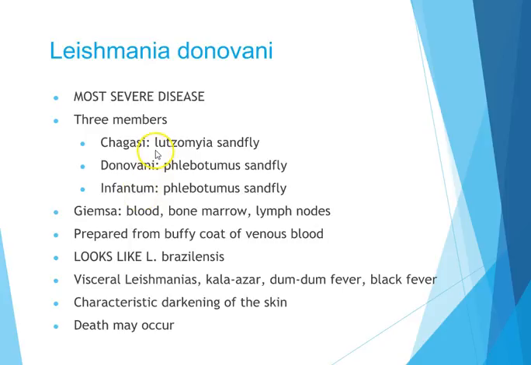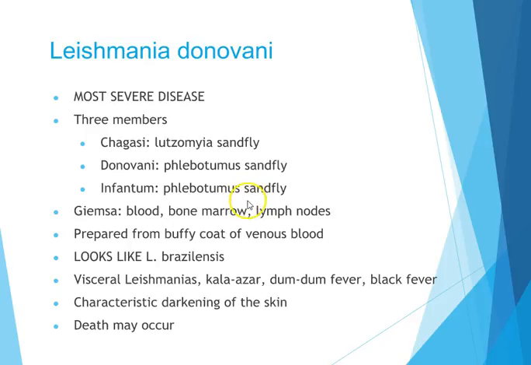It has all 3 names. So you need to know the vectors. In chagasi, it's the Lutzomyia sandfly. Donovani and infantum is the Phlebotomus sandfly.